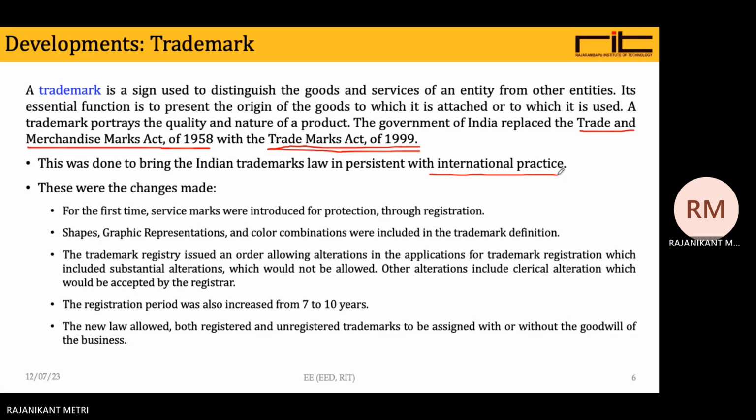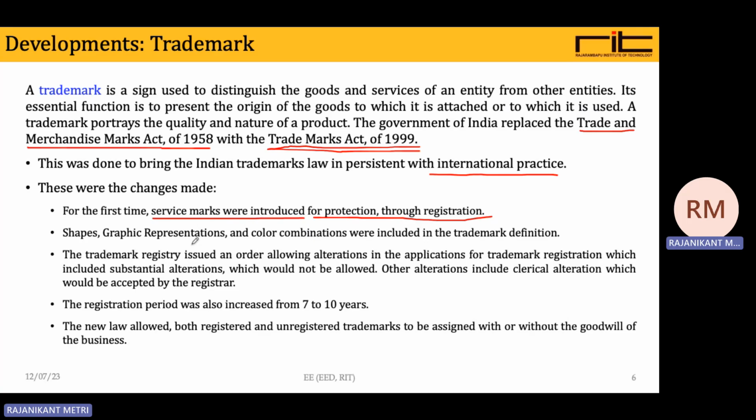And the significant changes under this act are given here. So for the first time, service marks were introduced for protection through registration. Earlier, service marks were not there. So these were introduced for protection through trademark registration.